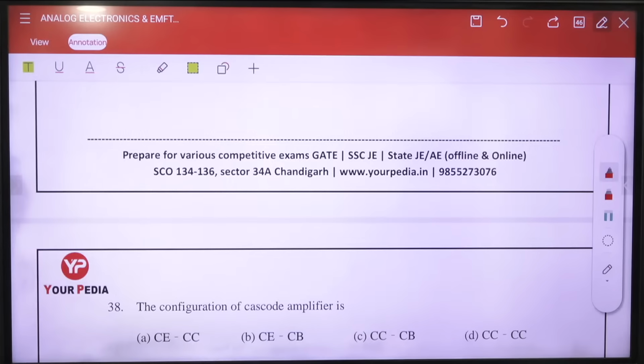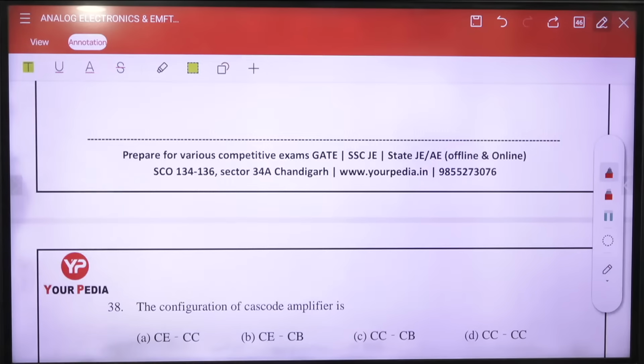Which configuration is generally known as a cascade amplifier? Yes, very good.